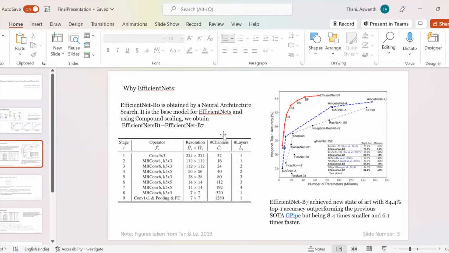Using compound scaling on this EfficientNet B0, we obtain EfficientNets B1 to B7. And as we can see from this figure, EfficientNet B7 has achieved a new state-of-the-art accuracy of 84.4 percent, beating the existing state-of-the-art pipelines.